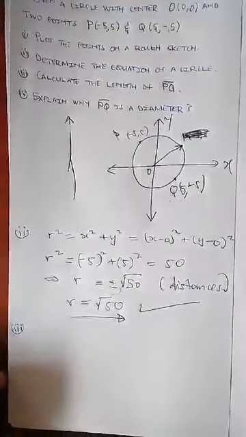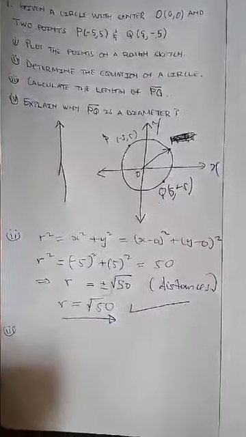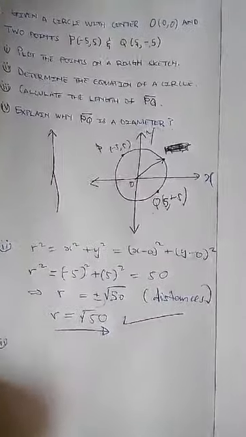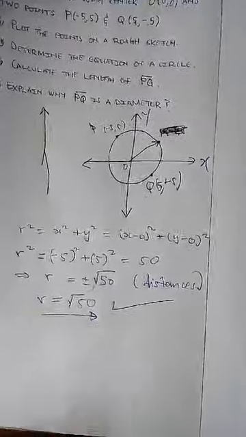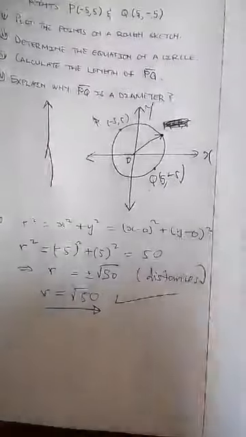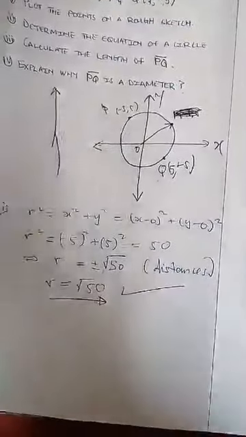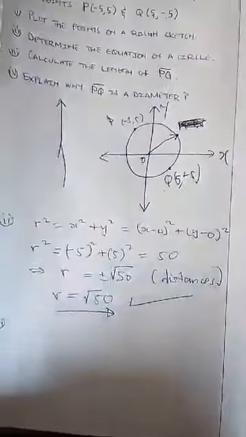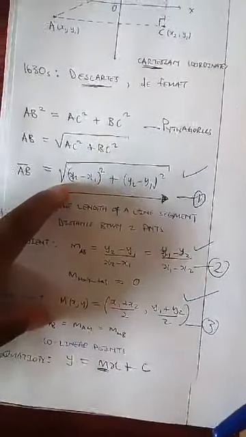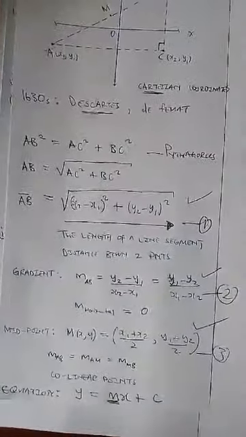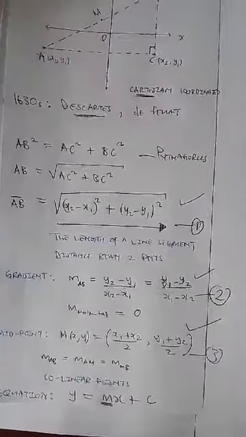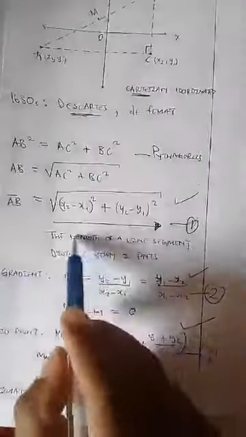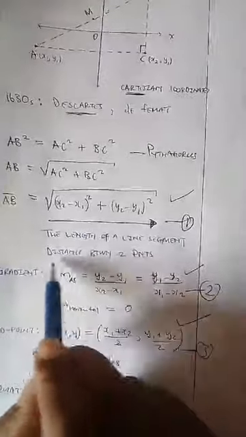Okay, so 3, it says calculate the length of PQ. So now we must calculate the length of a line segment. And remember what I said earlier. On the very first page, I said this, which we had done earlier, was deriving the length of the line segment, the distance between 2 points, given by this expression.